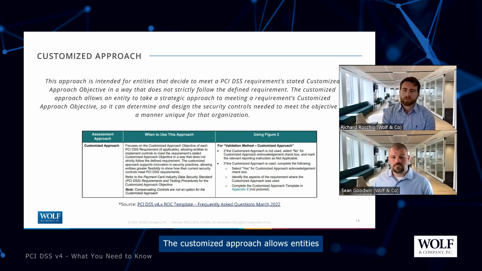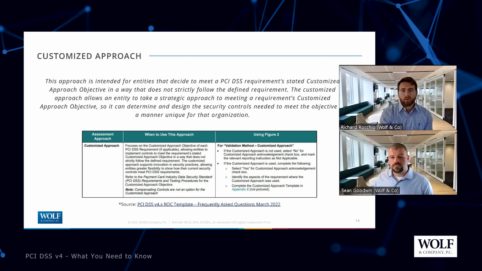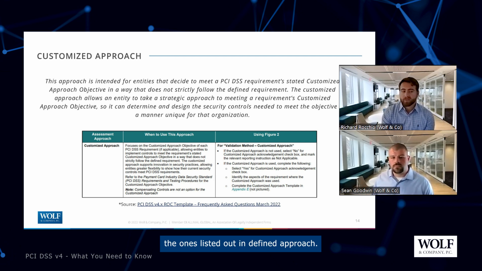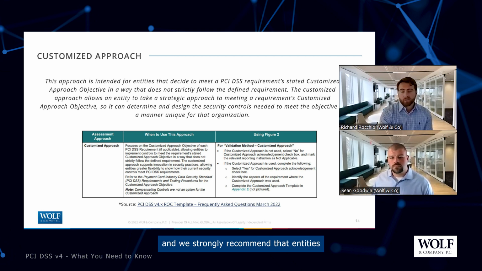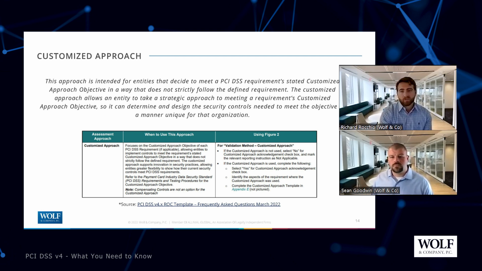The customized approach allows entities to meet requirements in different methods or through different means than the ones listed out in the defined approach. To do that, they must fill out a control matrix, and we strongly recommend that entities use a templated matrix in Appendix E of the report on compliance.